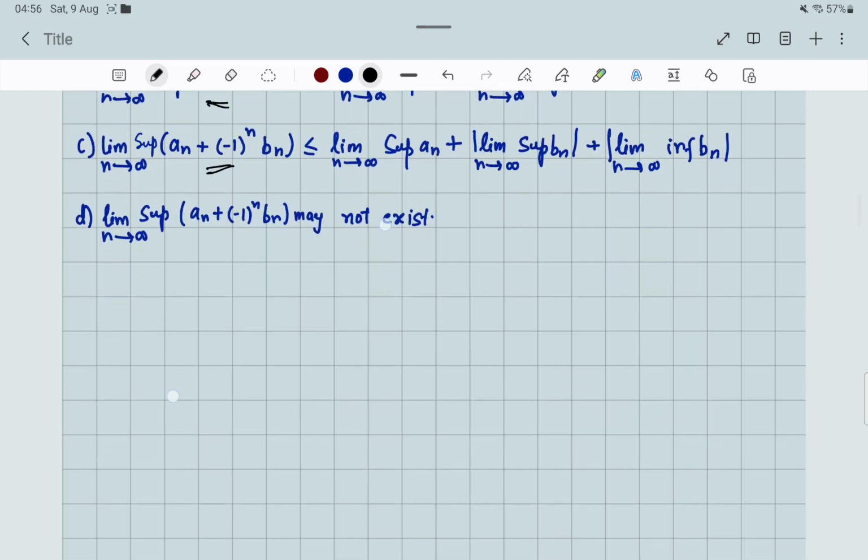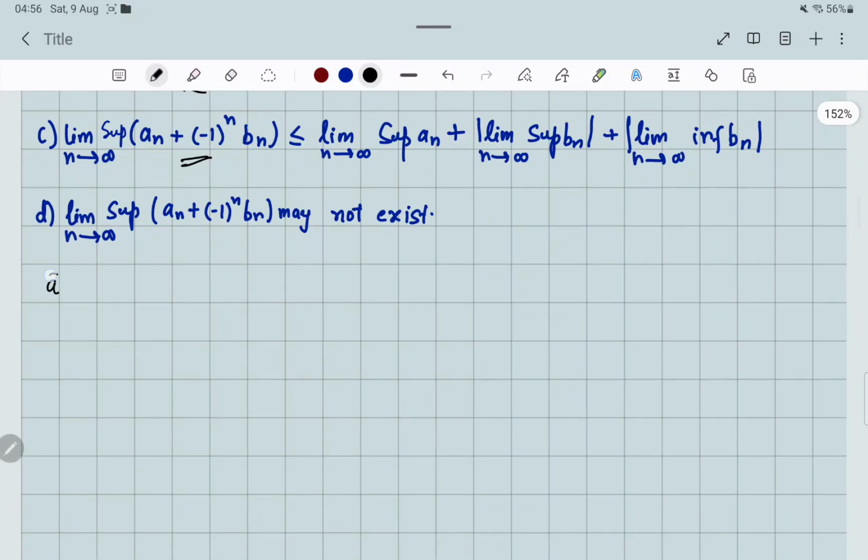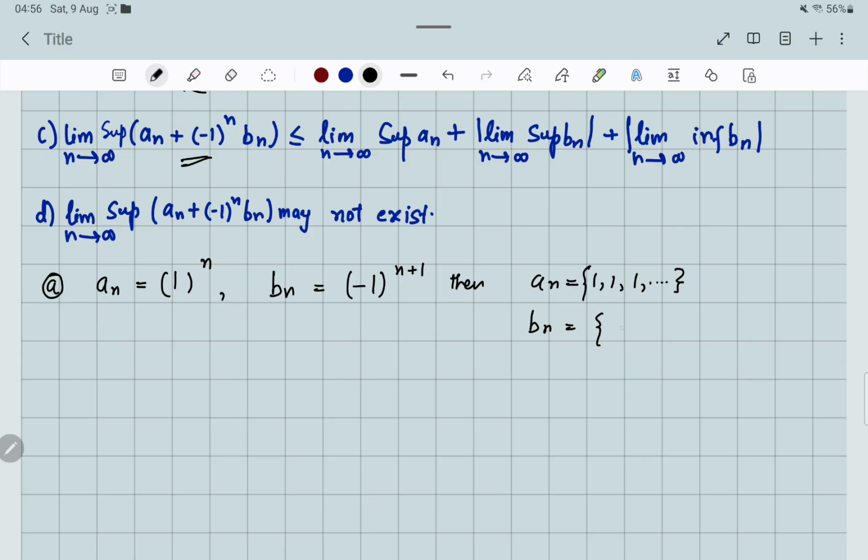Let's check these options one by one. We have option A. Let us choose a very simple example. Let's choose a_n to be 1^n and b_n equals (-1)^n plus 1. Then a_n will be 1, 1, 1, and so on, and b_n will be 1, -1, 1, -1, and so on.